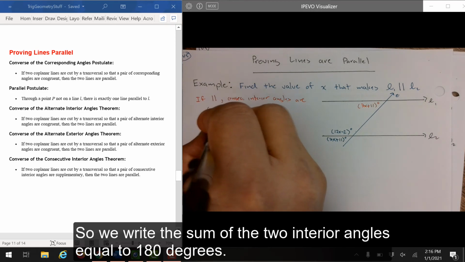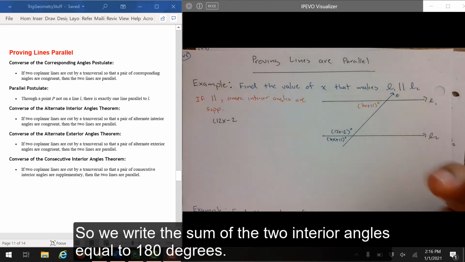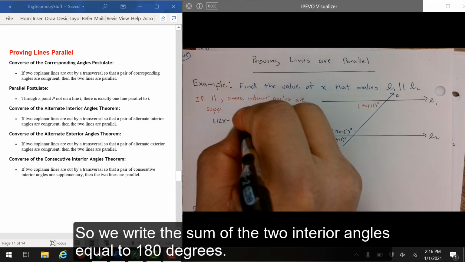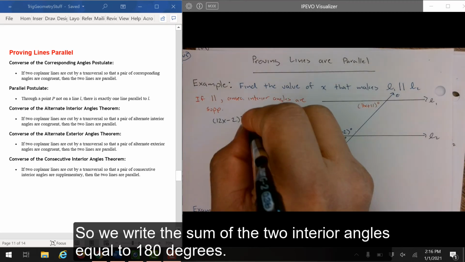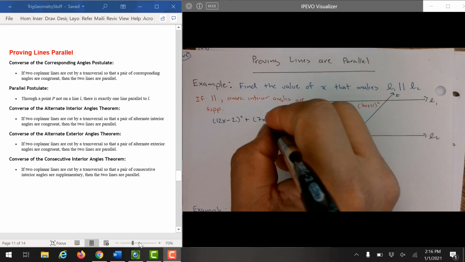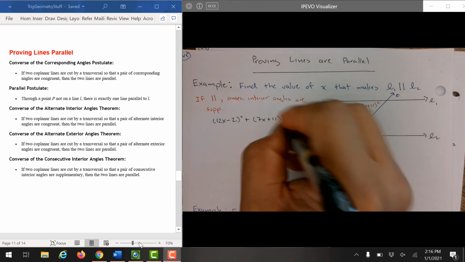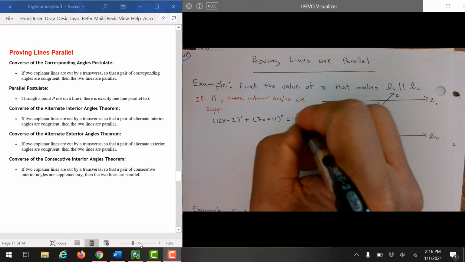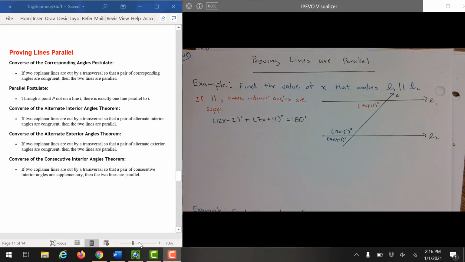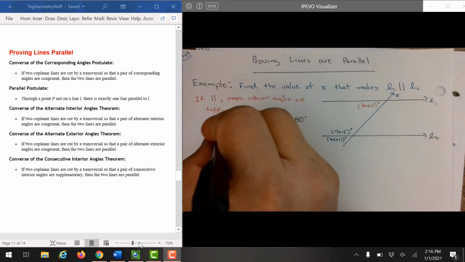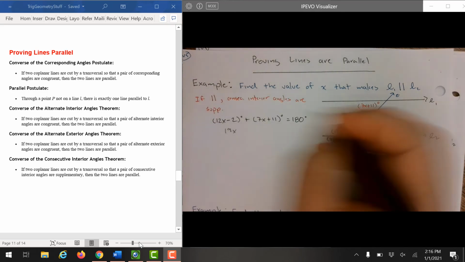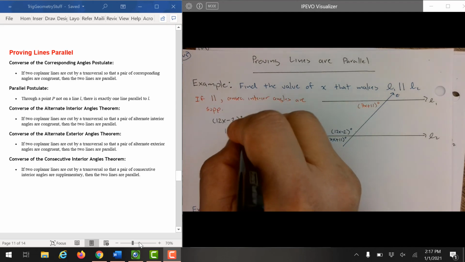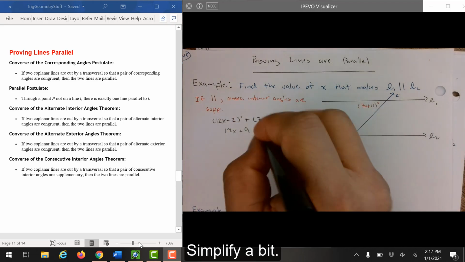So we write the sum of the two interior angles equal to 180 degrees. Simplify a bit.